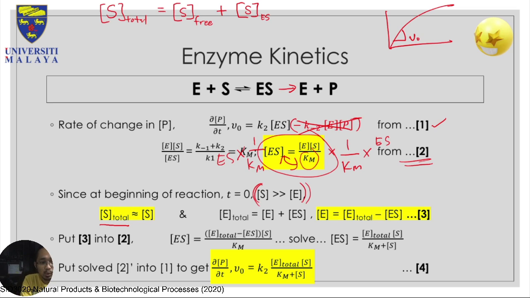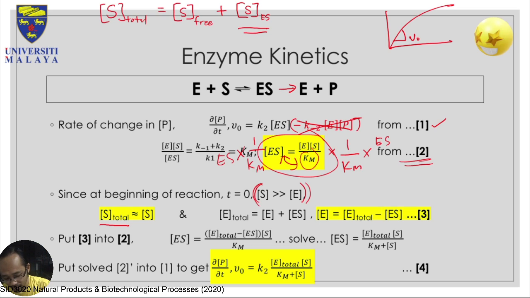This is how you calculate the concentration of S total in the reaction. But because of the assumption that enzyme is always less, or in other words, the substrate concentration is way higher than the enzyme, you assume that the ES complex formation is very, very little at the initial point.